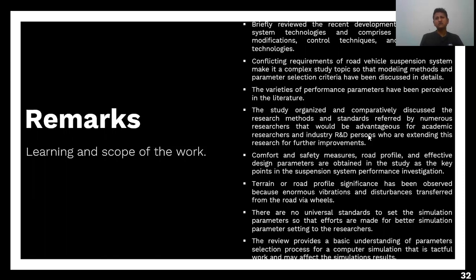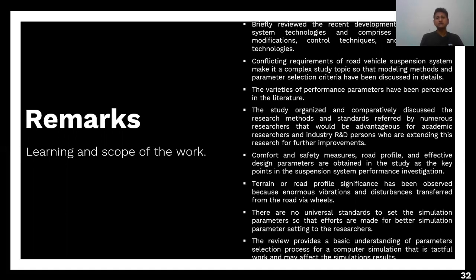Several things have been found in the literature. We have briefly reviewed the recent development of suspension system technologies, which comprise hardware modification, control techniques, and energy saving technologies. The conflicting requirements of a road vehicle suspension system make it a more complex study topic, so modeling methods and parameter selection criteria have been discussed in detail.